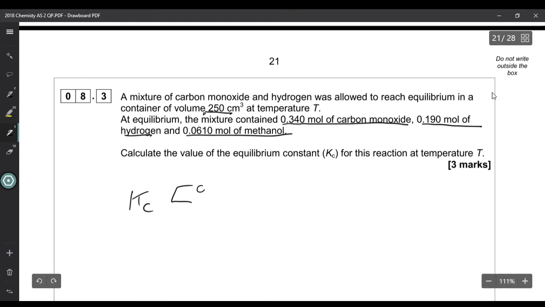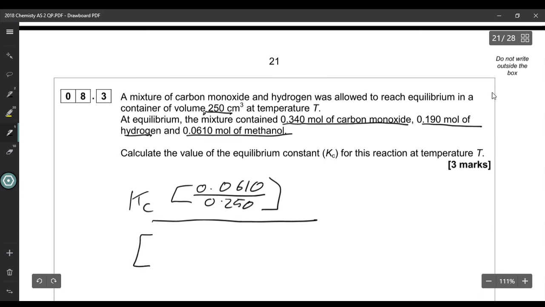becomes 0.0610, which is the absolute amount of methanol, divided by the volume that it's in. So this is 0.250. And underneath would be the concentration of our reactants. So it would be 0.340 for the carbon monoxide, again divided by the volume that it's in.